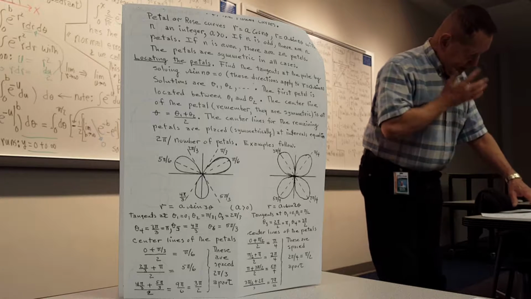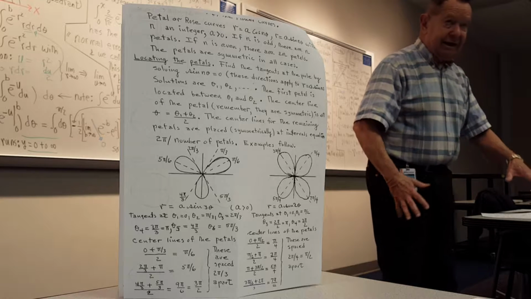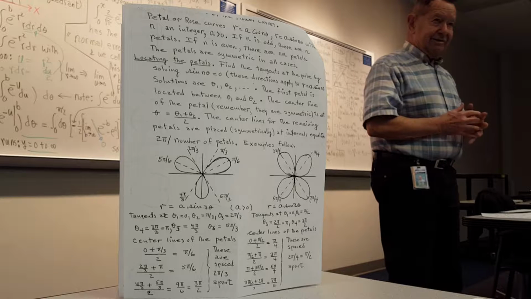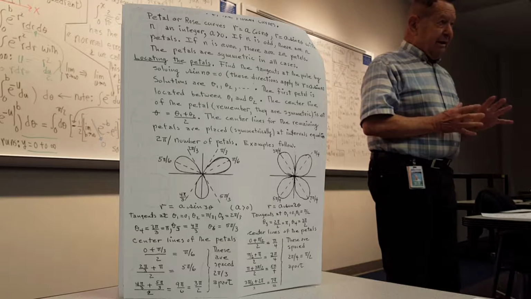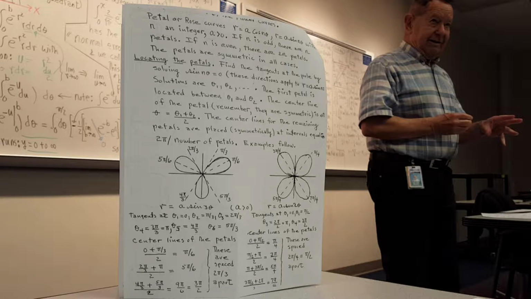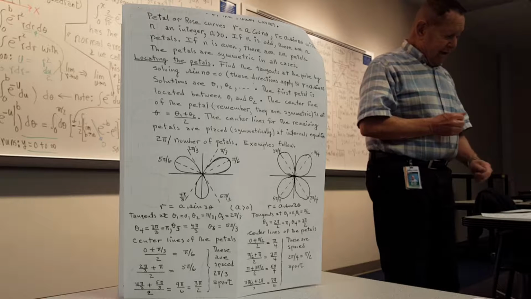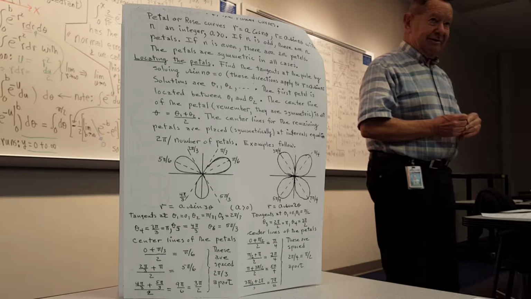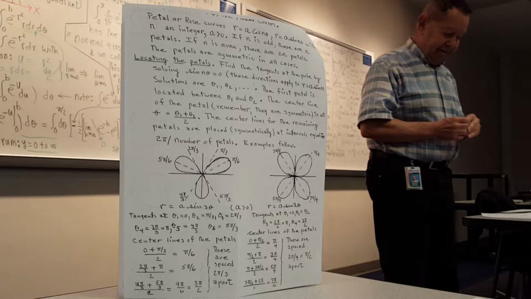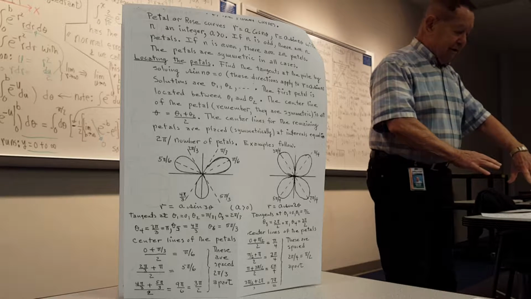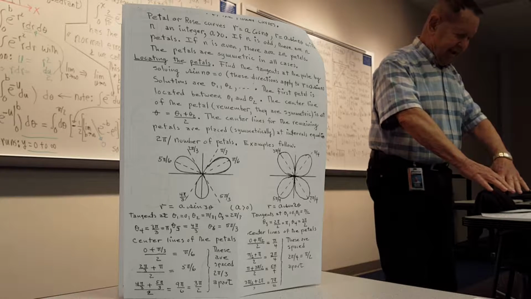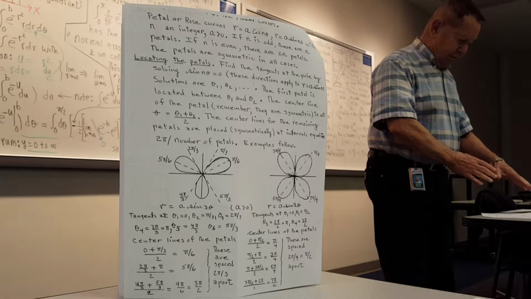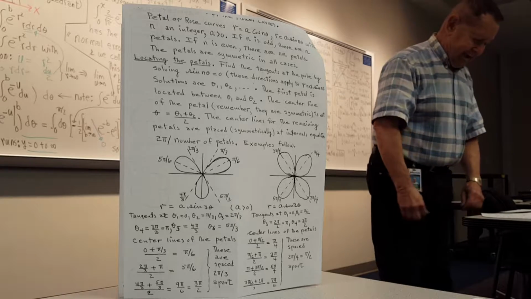Then it turns out if it's sine or cosine of n times theta, where n is a counting number, if n is odd, that's how many petals, like 3. If n is even, like 2, 2 times that is how many petals. And that's true with either sine or cosine. The difference between the sine and the cosine flowers on the next page is one graph is rotated compared to the other.